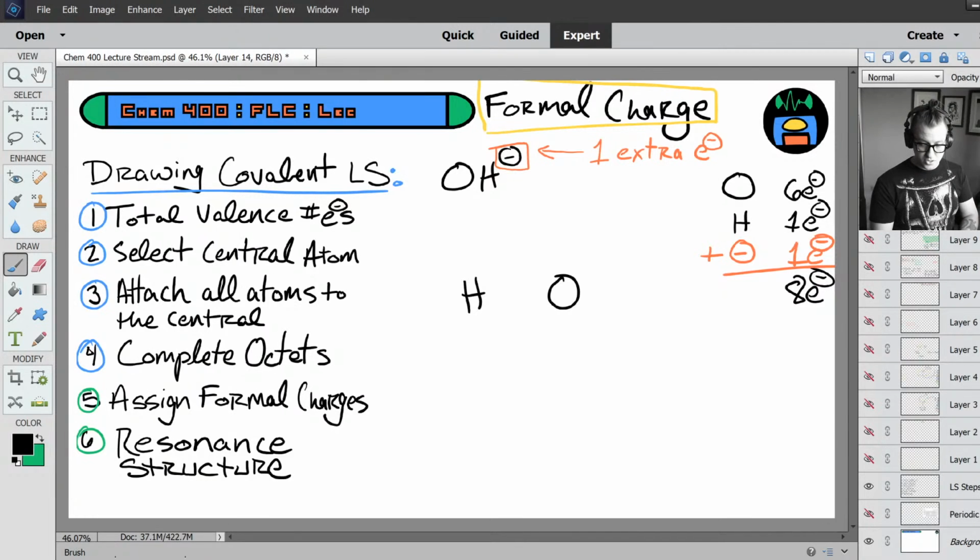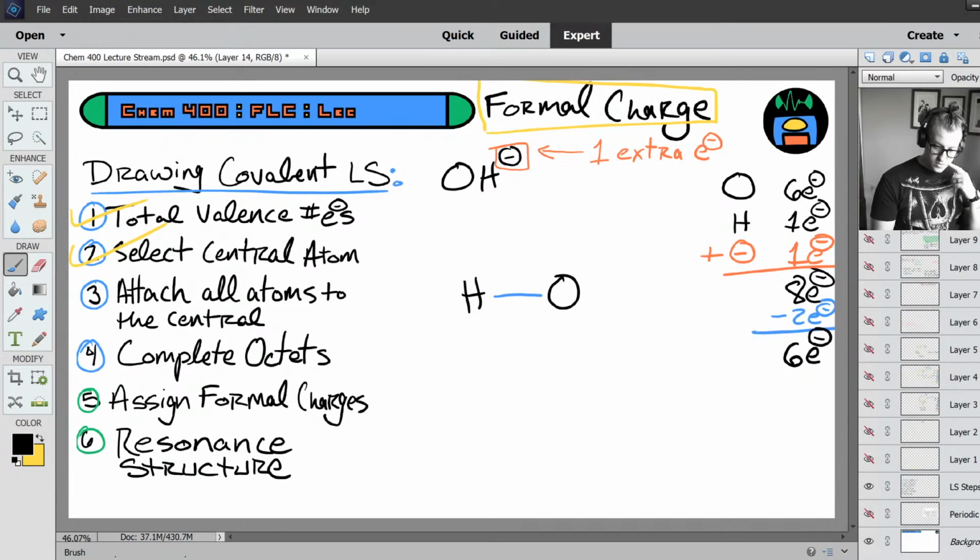We don't have a central atom here because there's only 2 atoms to attach, but we need to attach them. At this point in time, we've totaled our valence electrons. We don't have to worry about our central atom, but attaching these 2 is going to cost us 2 electrons, leaving us with 6.